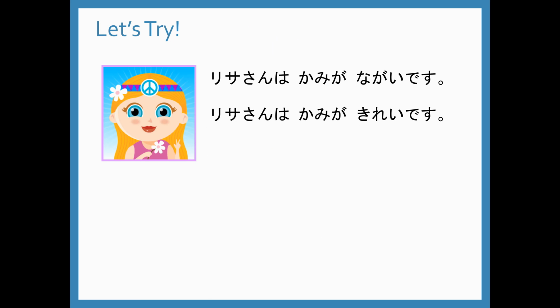How about these sentences? リサさんは髪が長いです。リサさんは髪がきれいです。That's right.